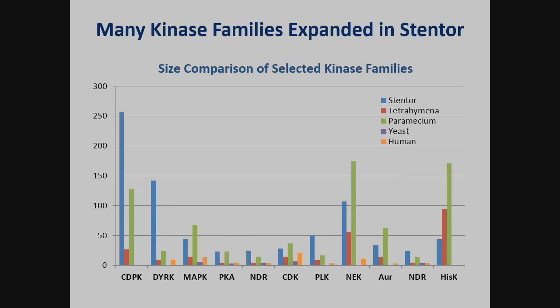But one of the other things we noticed in terms of kinase family expansions is this family called the DYRKs, which is actually a dual specificity tyrosine kinase, which is highly expanded in Stentor even compared to other ciliates. And this is a little bit interesting because, as some of us heard in Ron Pearlman's talk yesterday, the other ciliates lack canonical tyrosine kinases of the type that are found in metazoa.